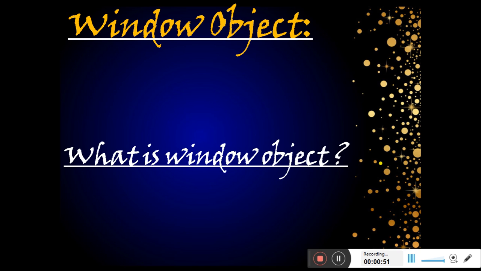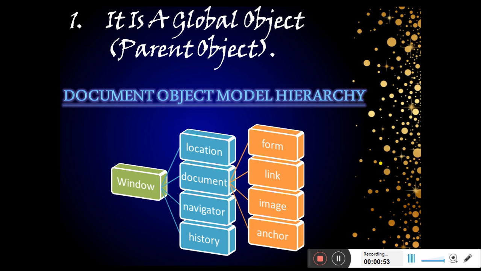Before starting this topic, just recall the structure of the document object model. I hope you all remember this structure or hierarchy of the object model, where the window object is the global object of all the other objects. It is also called the parent object of all the other objects.